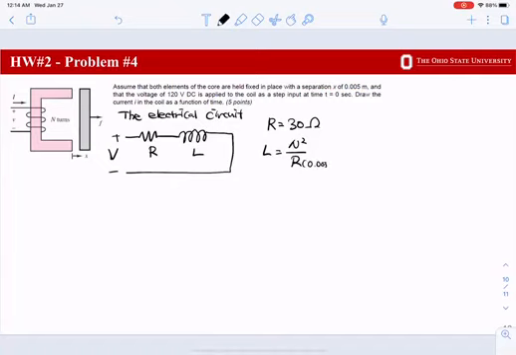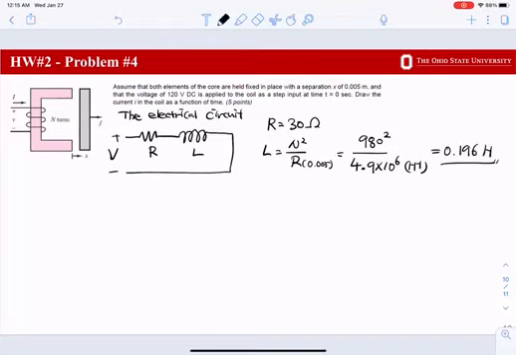So that means 980 squared over 4.9 times 10 to the 6 Henry, right? So that is 0.196 Henry. Got it?